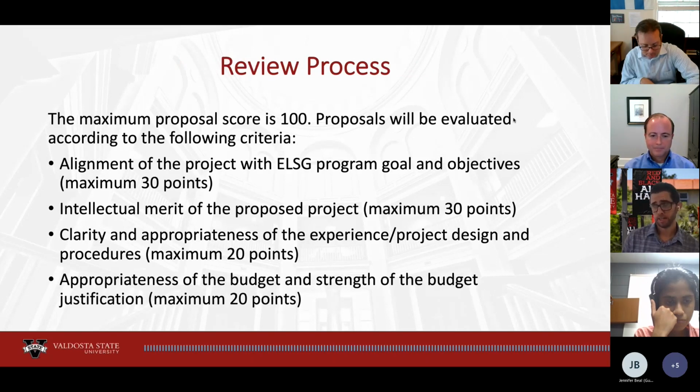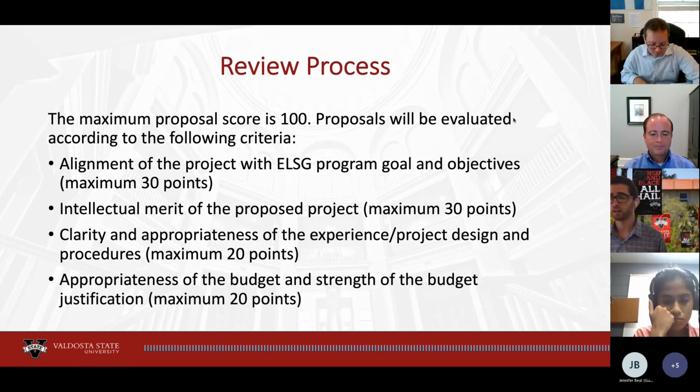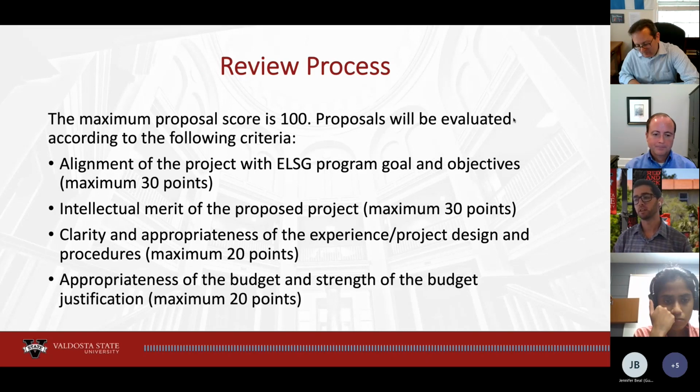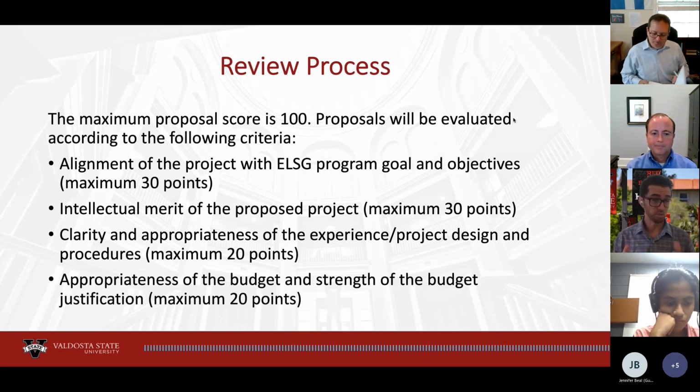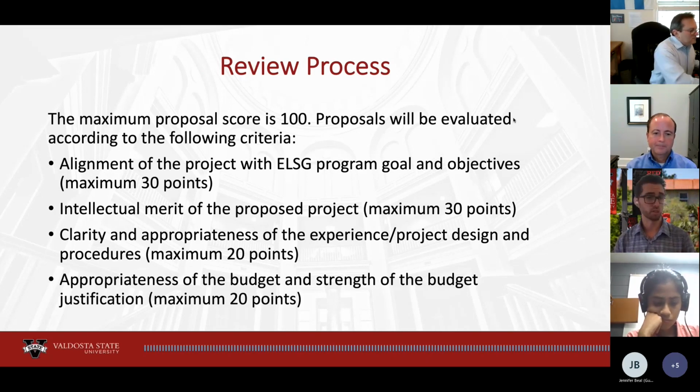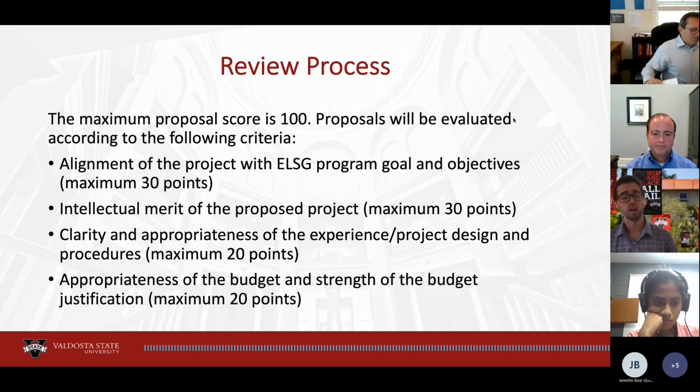So the review process, okay, is again another blind peer review process. As you see here, this is what the scoring criteria is. We typically have up to approximately $20,000 per semester for the Experiential Learning Seed Grant, and we have to base that on the activities that are applying to it.